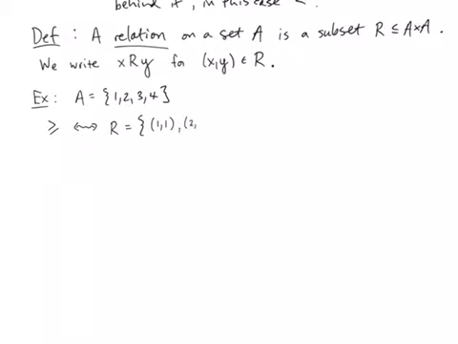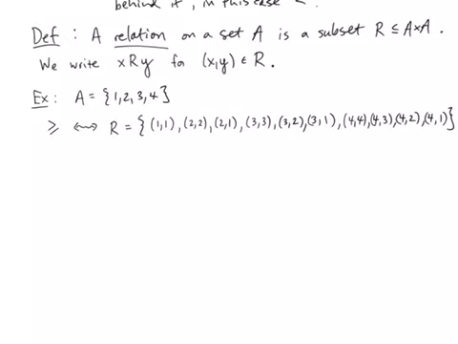And then 2 is greater than or equal to 2, and it's also greater than or equal to 1, and so much for 2. And then 3 is greater than or equal to 3, is greater than or equal to 2, is greater than or equal to 1, and that's that for 3. And then 4 is greater than or equal to 4, it's greater than or equal to 3, it's greater than or equal to 2, and it's greater than or equal to 1. Okay, so we have a 10 element subset here, 4 plus 3 plus 2 plus 1.